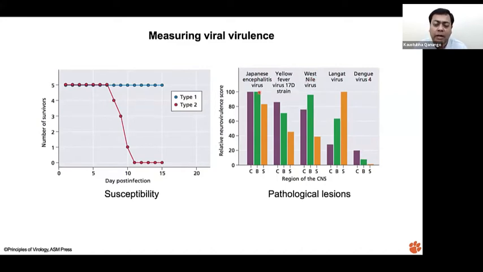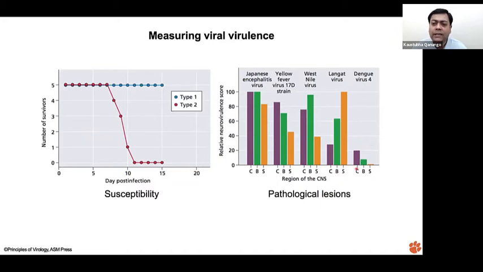These are all plus-stranded RNA viruses. It is not that one is a negative strand, one is a DNA virus, one is something else. They are all in the Flaviviridae family. But you can see how the pathological lesions happen. These are the different areas that you see in the central nervous system, depending upon the relative neurovirulence score, showing which part of the brain has the pathological lesions.